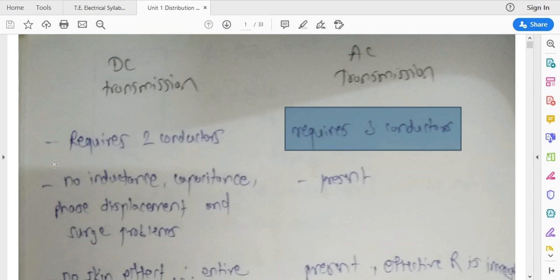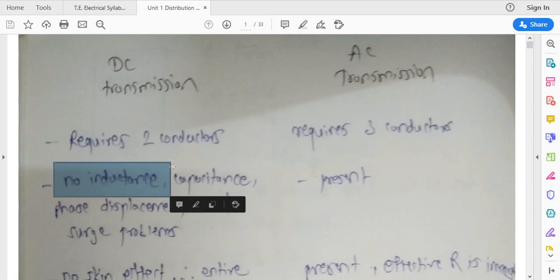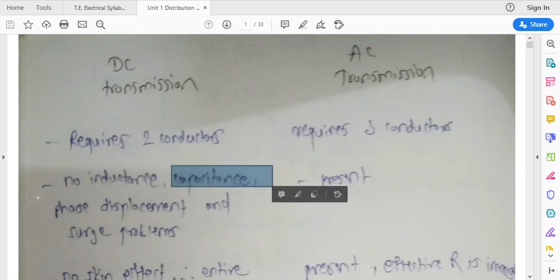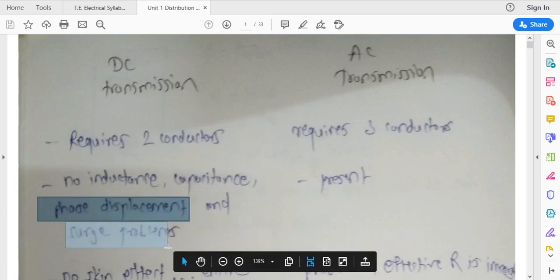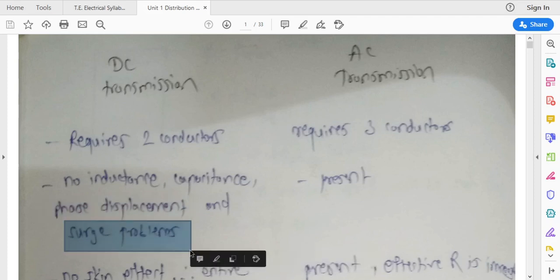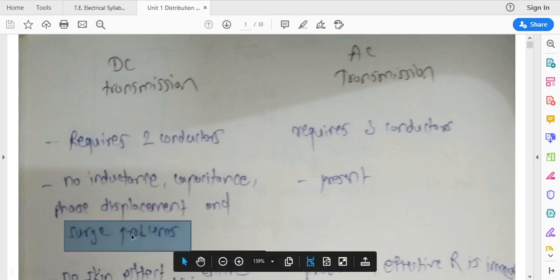As in the DC there is no inductance, no capacitance, phase displacement is not present, hence there are very few, or you can say no, surge problems in the case of DC transmission.